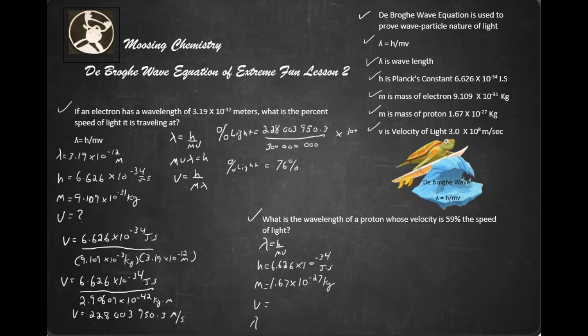The velocity is 59% the speed of light. Well, you know the speed of light is 300 million meters per second, right? So this is easy to figure out. You times that by 0.59. And when you do that, that gives you this number, in meters per second. There you go. So now we have that for our velocity.